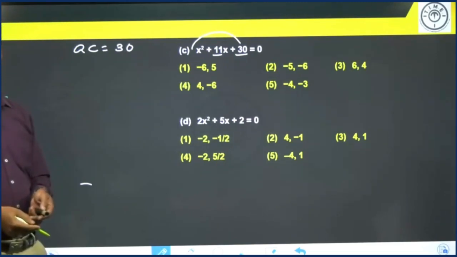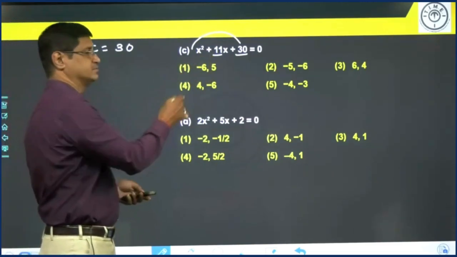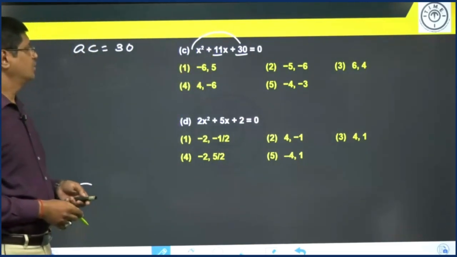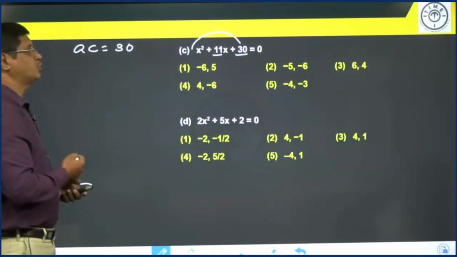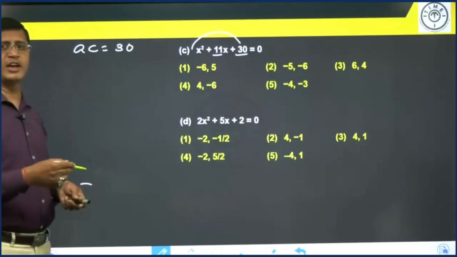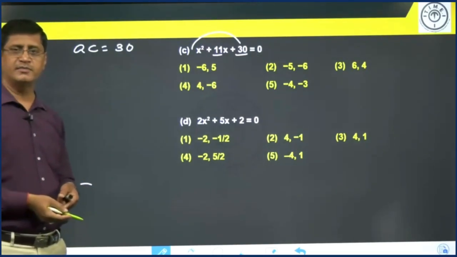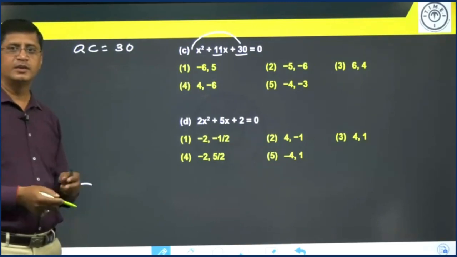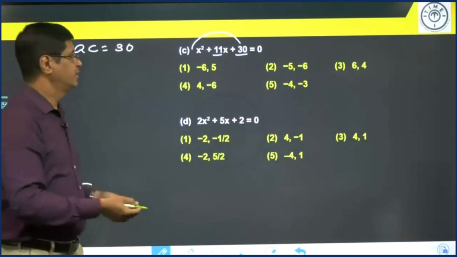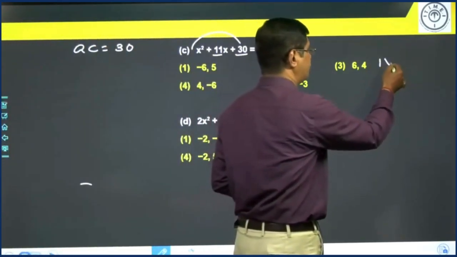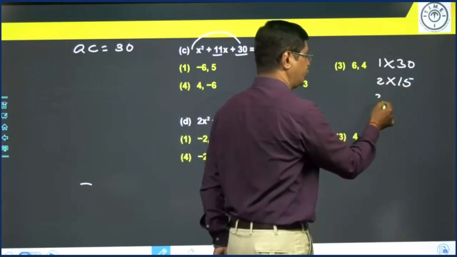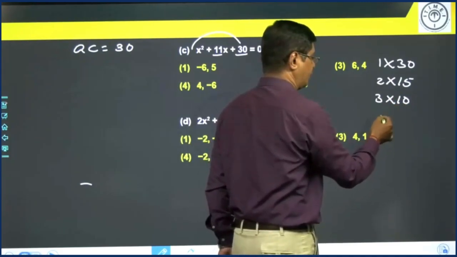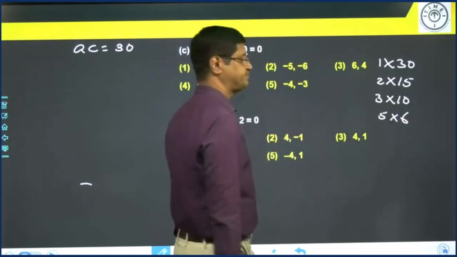The product is positive, which means the value of the B term will be the sum of the two factors. We can express 30 as 1 into 30, 2 into 15, 3 into 10, and 5 into 6.